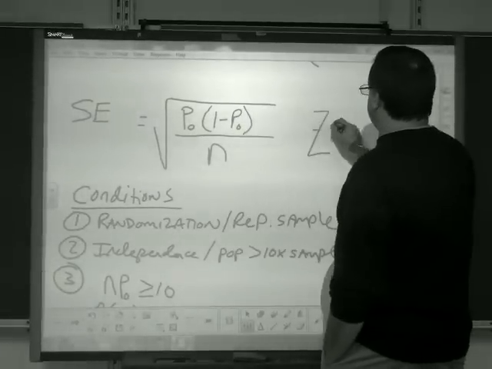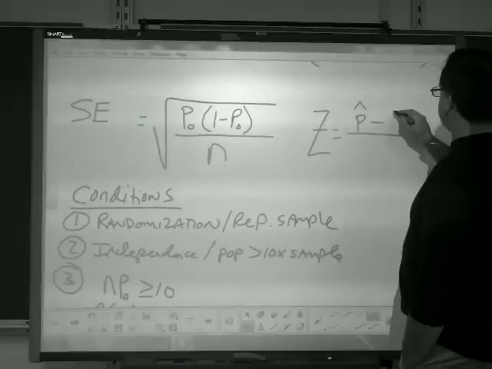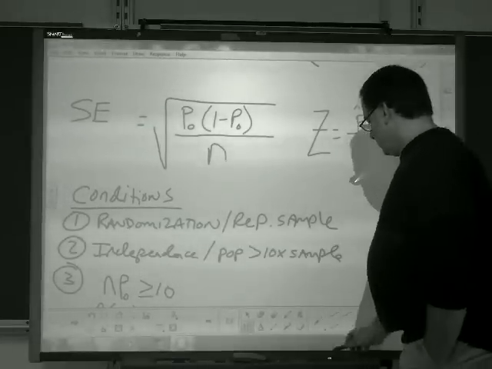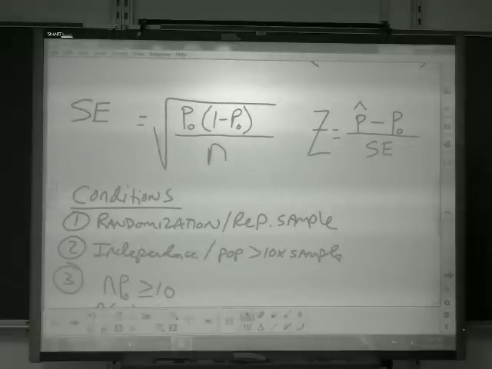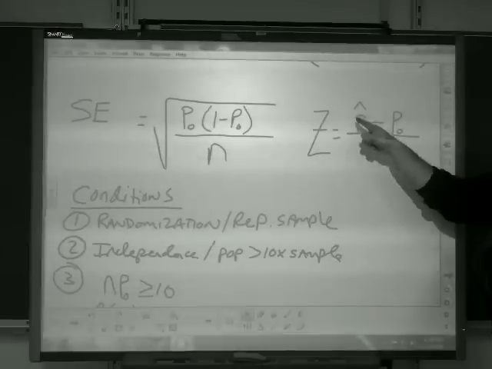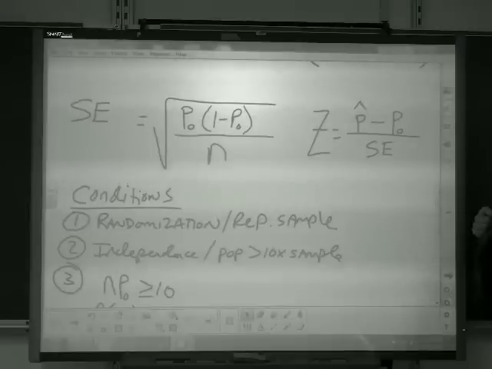After we check our conditions, we know that we can use z, which is p hat minus p sub 0 over SE. That's our z formula that we'll end up using. Our data proportion from our data minus the claimed initial hypothesized proportion over SE.